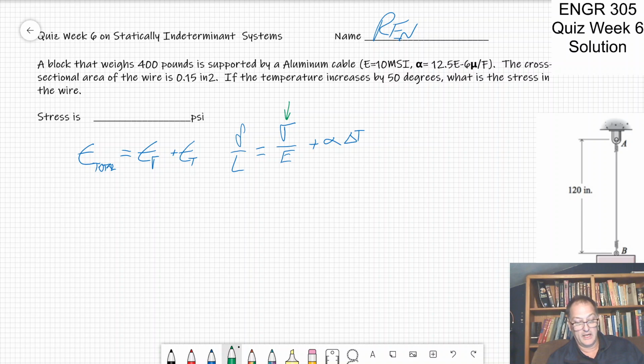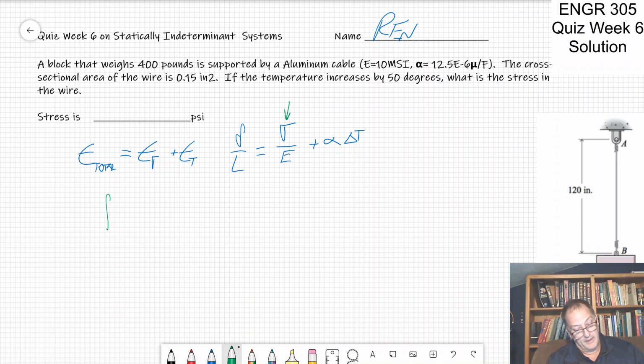How much stuff do I know? Well, you could argue that I know all of it. I know that my deflection is going to be 0.08 inches. Well, I don't know that. It depends on how much the structural strain would pull it down and how much the thermal strain is. So I really have to figure those things out first.